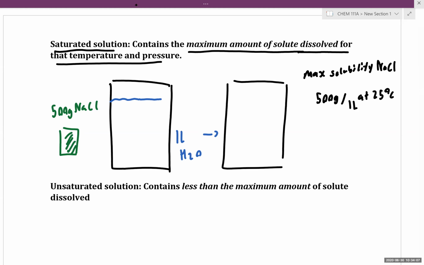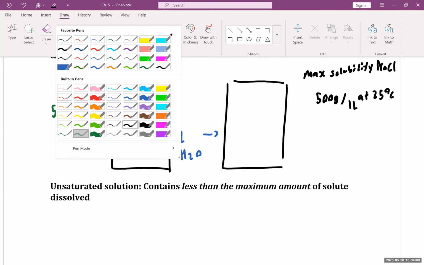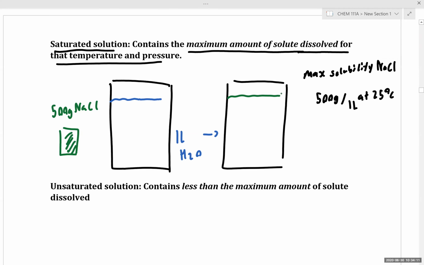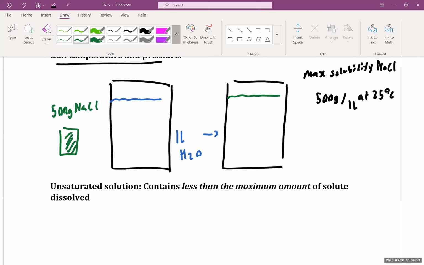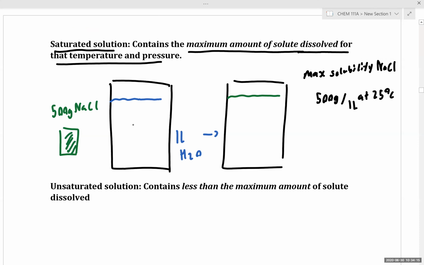So the solution would be homogeneous and it would be completely saturated, where we have 500 grams of sodium chloride per 1 liter.